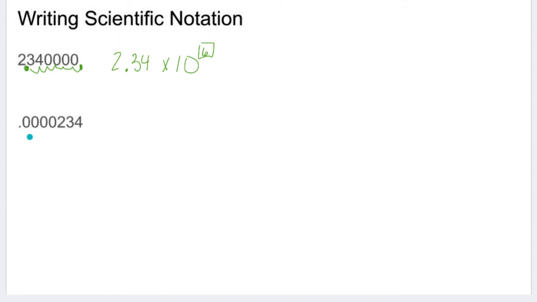Here, we have a very small number. Could be the number of inches wide your hair is, I don't know. It's 0.0000234. Again, put the decimal behind the first digit, so 2.34 times 10 to something, and find out how many places you moved it: 1, 2, 3, 4, 5.